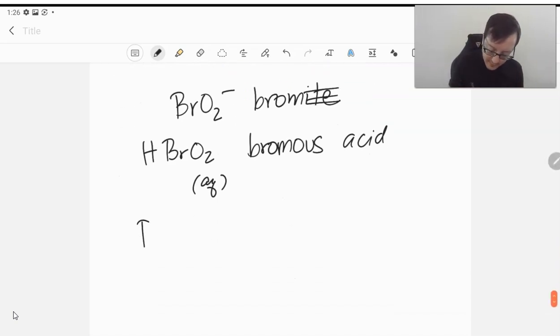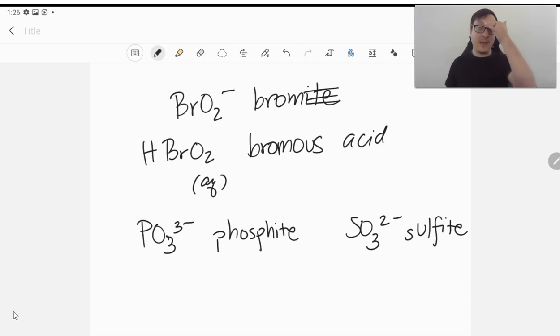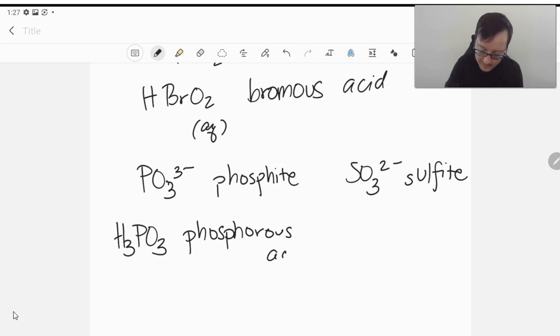We'll see that phosphite and sulfite have slightly changed names. So we don't say phosphous acid and sulfous acid, but phosphorous acid and sulfurous acid. So we change those a little bit. This one is phosphorous acid.